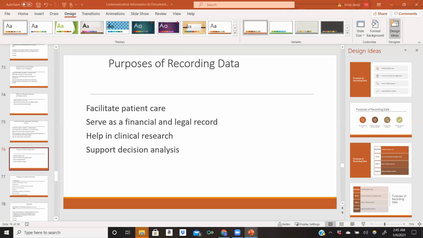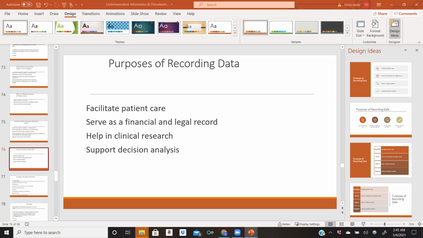It serves as a financial and a legal record, so our coding department goes through our electronic health records, and that's where they bill insurance companies so that we can get paid. It's a legal record. If something happens with the patients, we can go back and see the course of the history, what's documented. It can help in clinical research.